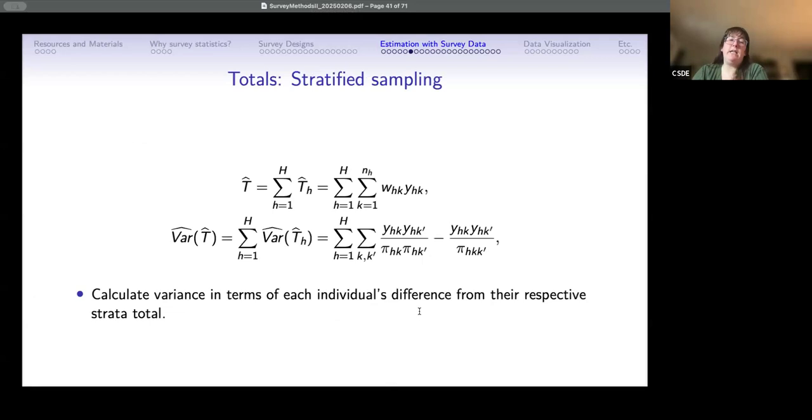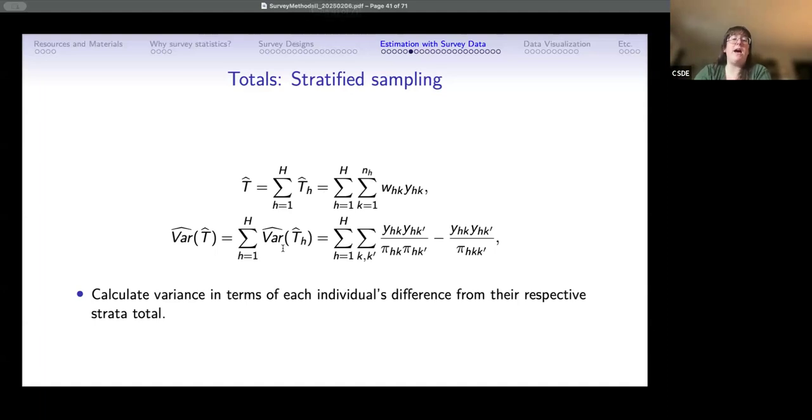If we have stratified samples, then we would want to get the estimate of the population total by estimating each strata total individually and then summing up those estimators. So we would sum over each strata, and then each individual in our sample within strata, their weight times their response, and the variance would work the same, except these pi's now are going to vary by strata, not just by individual.